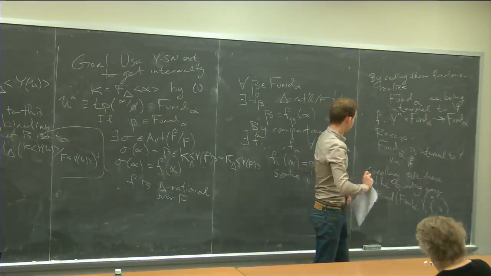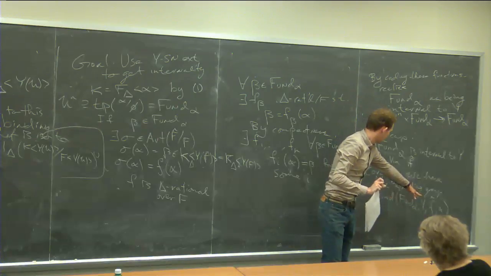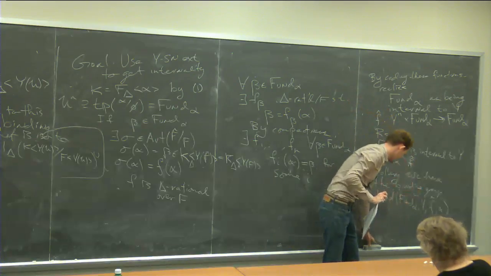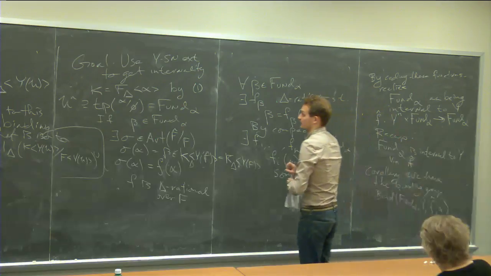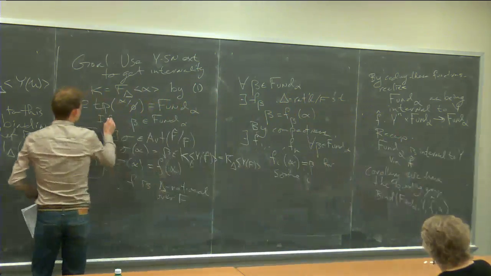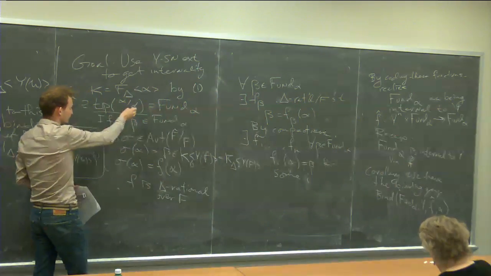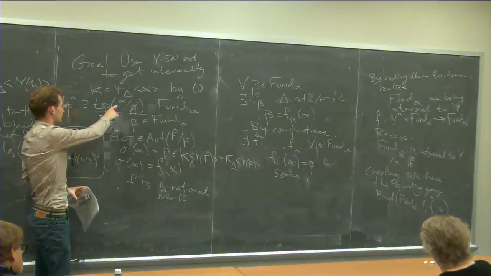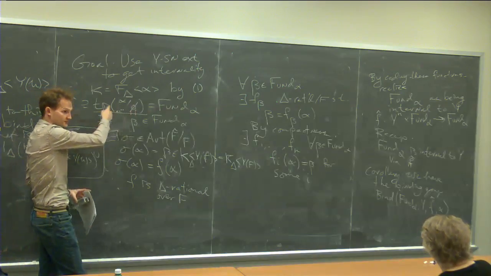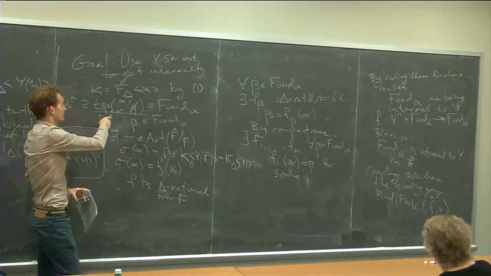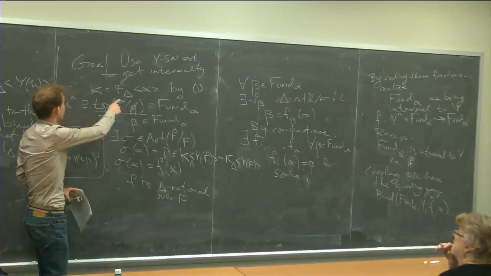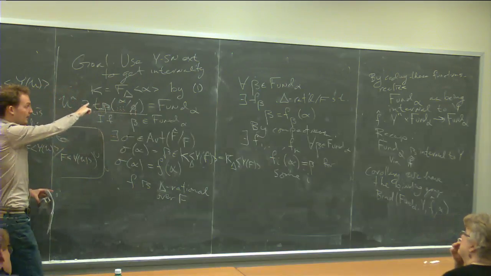Now by the exact same argument as in the case of the Kolchin-Picard-Vessiot extensions, the type of alpha is exactly in one-to-one correspondence with the automorphisms of K fixing F, the differential automorphisms of K fixing F, because such an automorphism is determined by its image on alpha.